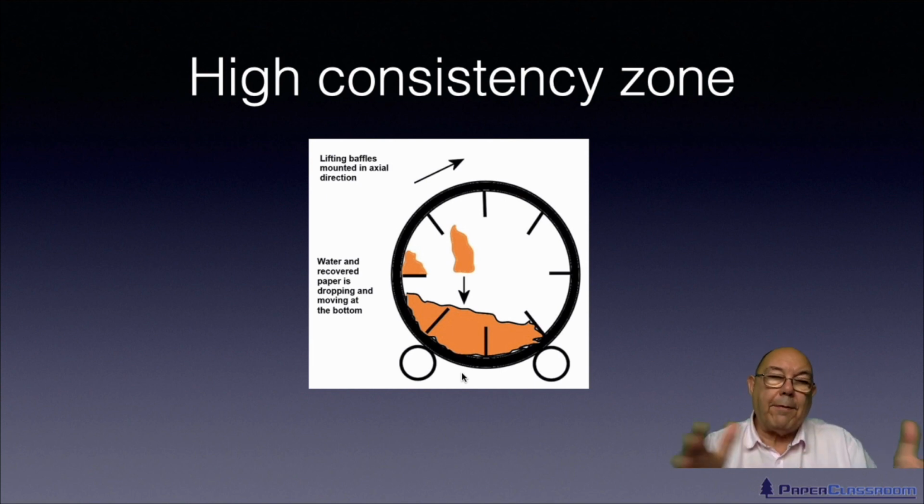And the first half of that drum pulper is like that. It's on an angle of no more than 2 or 3 degrees, rotates at maybe 4 or 5 up to 10 revolutions per minute, and the material works its way down the slope.